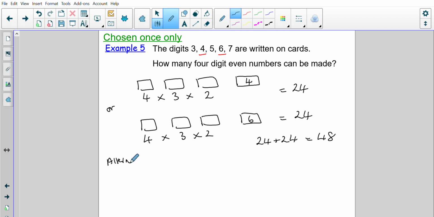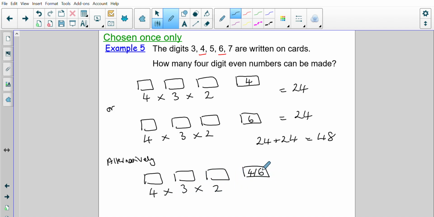Alternatively, and this is the way we're going to look at this next lesson, if I just want to draw out my 4 boxes once, I can say, well, if it needs to be even, I need to have a 4 or a 6 at the end there. I can still work on the principle that leaves me 4 digits for the first position, 3 for the second, and 2 for the third.